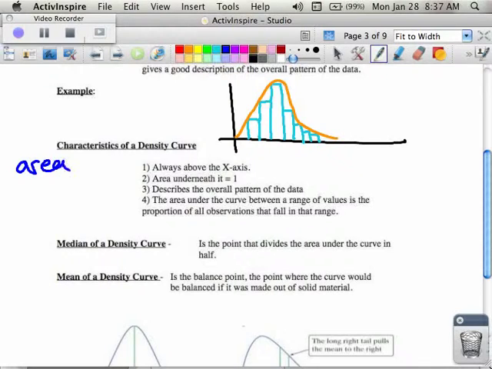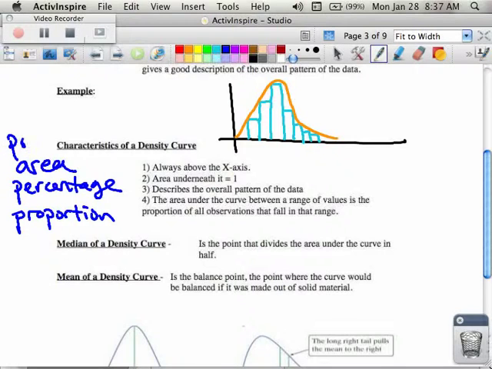So area, percentage, and proportion all pretty much mean the same thing. The percentage will be written with the percent sign, proportion and area. Oh, there's one more. Probability, which we'll get into later. These four words are pretty much talking about the same thing with a density curve. All of these things are called density curves.